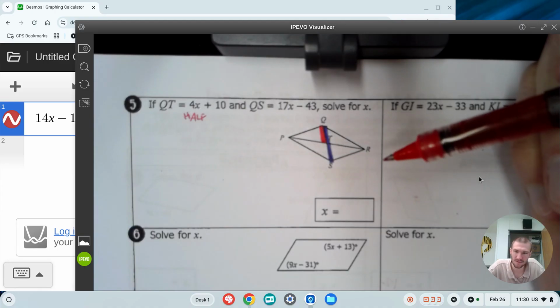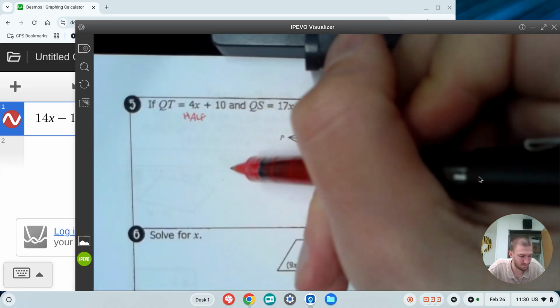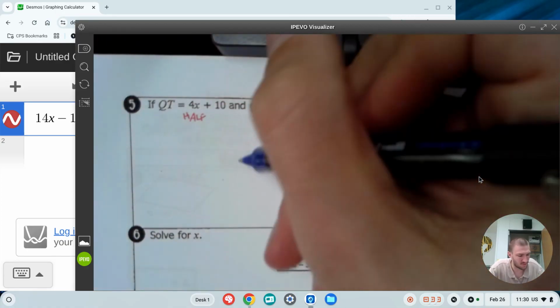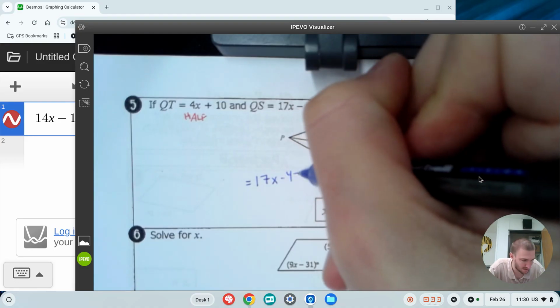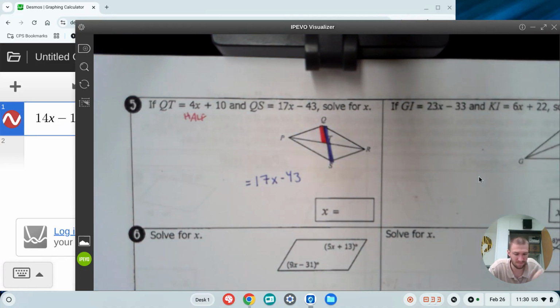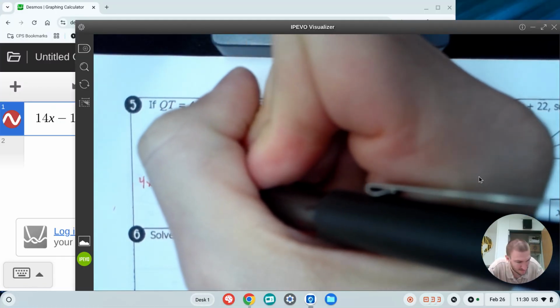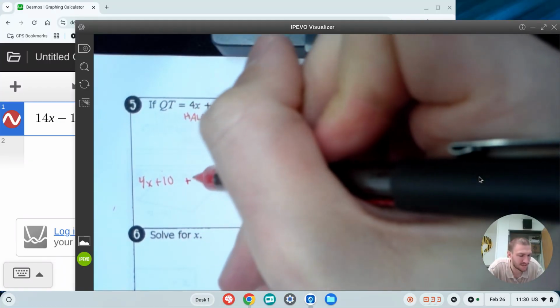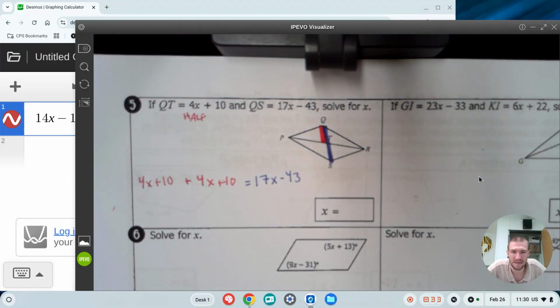The best way to do this question is to set up an equation. They shouldn't be equal to each other because the blue part is bigger. The blue part is the whole thing. It should take 4x plus 10, and it should take another 4x plus 10 in order to make this work, right?